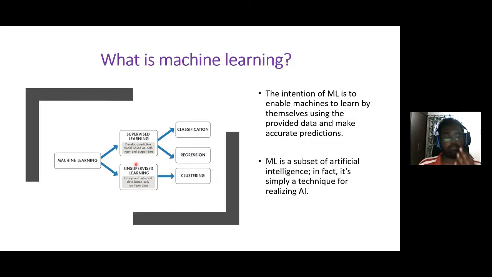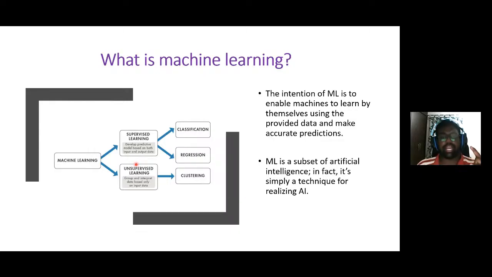So guys, just remember these things: classification, regression, and clustering are the three major ideas of machine learning. The intention of ML is the same: it enables machines to learn by themselves using the provided data, and then it will give us accurate predictions. So what you are predicting is very important.